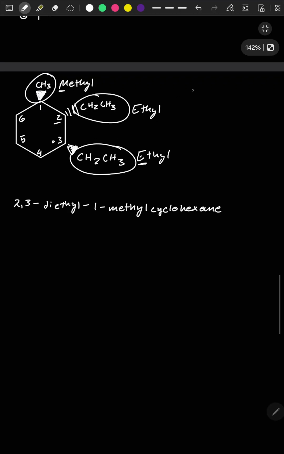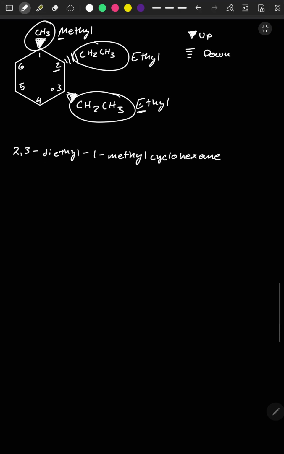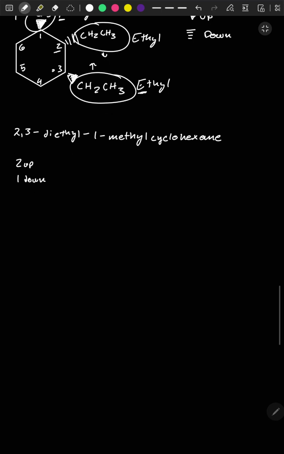So if we know that a wedge means up and a dash means down, then we have one going up here, one going up here, and one going down here. So 2 up, 1 down. So let's go ahead and draw this on the chair.